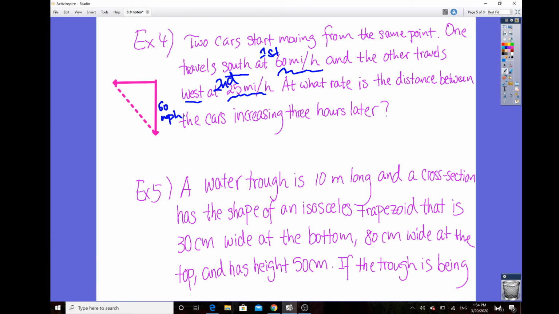And the other one is traveling west at 25 miles per hour. We want to find the rate of change of the distance between these two cars. So let's say that's dL over dt, and let's say this distance here is L. And the time, let's see, what's the time here? Three hours later. So that's the time.